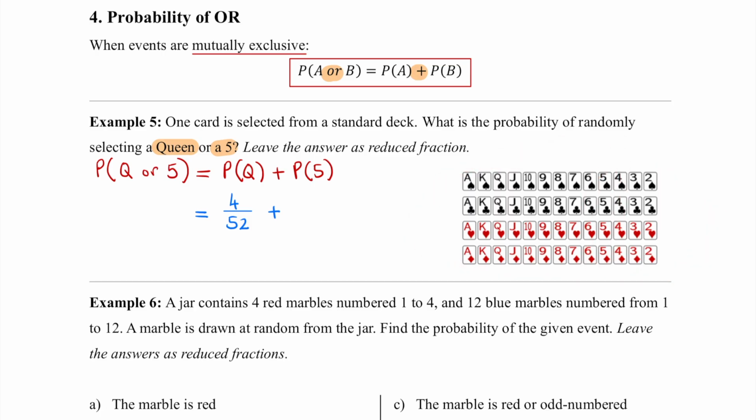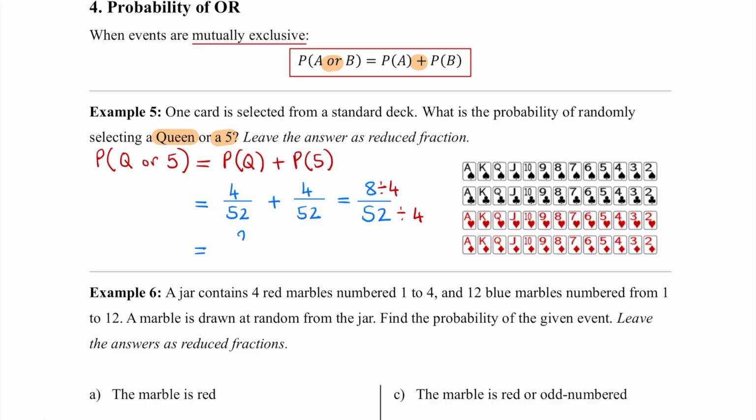So the probability of getting a 5 is 4 out of 52. 4 over 52 plus 4 over 52 is 8 over 52. The question asks for a reduced fraction, so we need to reduce this fraction. Since both 8 and 52 are divisible by 4, we'll divide 8 by 4 and divide 52 by 4. So we have 2 over 13.